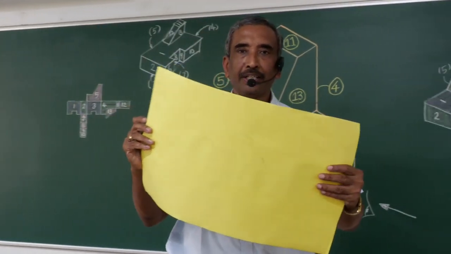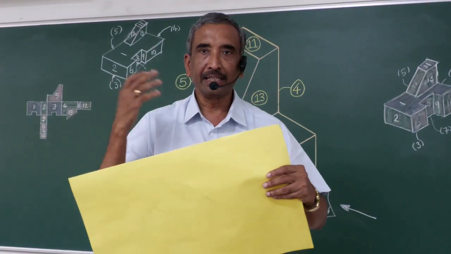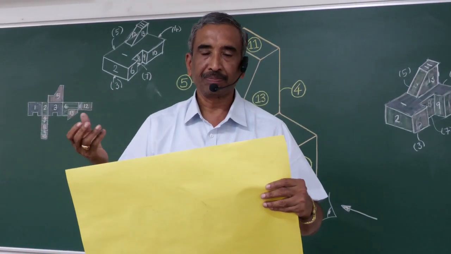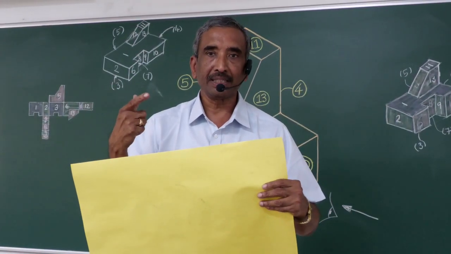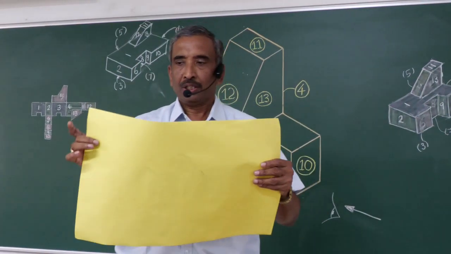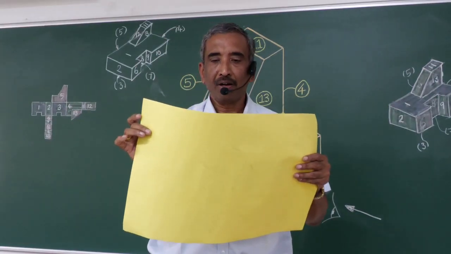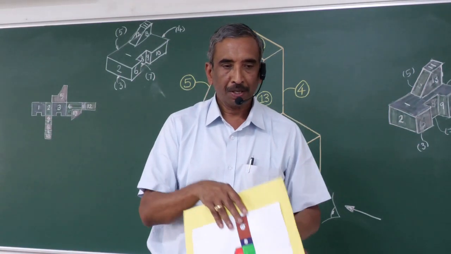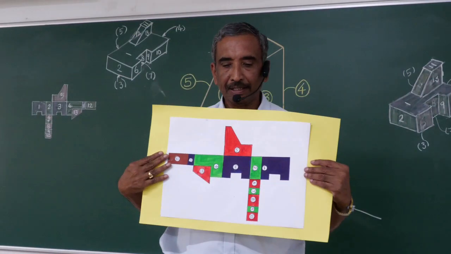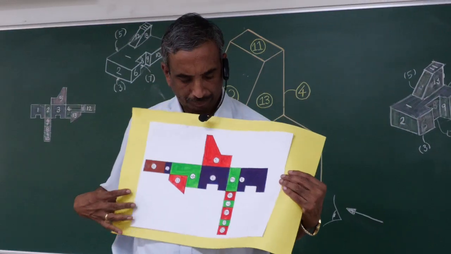So you have to take 2 printouts. One is a 3D model, the other is a 2D sheet, which is called the development of the object. Then you have to purchase this chart paper. On this chart paper, you stick the printout you have taken, like this.